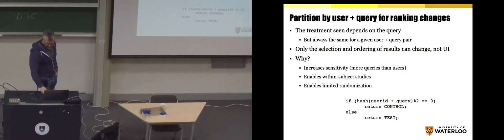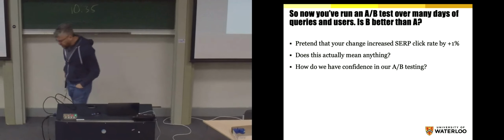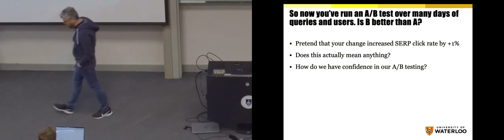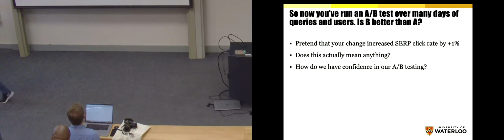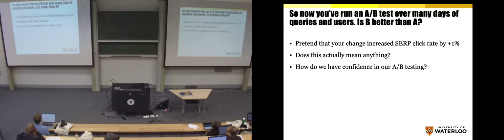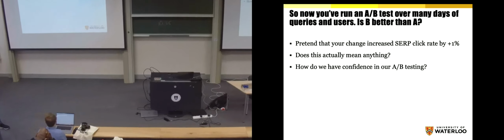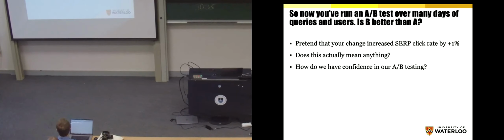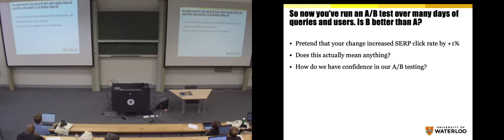So I've run an A/B test, and you have to run these things sometimes for a long time, maybe a week, maybe 2 weeks, to see statistically the effect of what you've done. For one thing, the changes you've made to your machine learning algorithm may only impact a small percentage of the queries, right? Maybe the changes are very subtle.